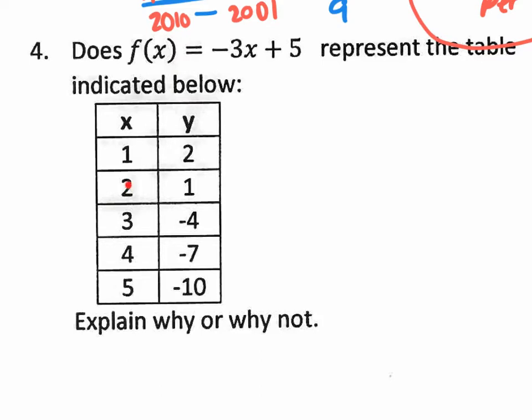However, if I plug in 2 right here, what's negative 3 times 2? Negative 6. And what's negative 6 plus 5? Negative 1, not positive 1. It's negative 1. So technically, this guy right here is messing it up, and the function does not represent that entire XY table. Now, obviously when you guys take the final, it's going to be a multiple choice test. So they're going to give you an XY table, and they're going to give you a bunch of different functions.